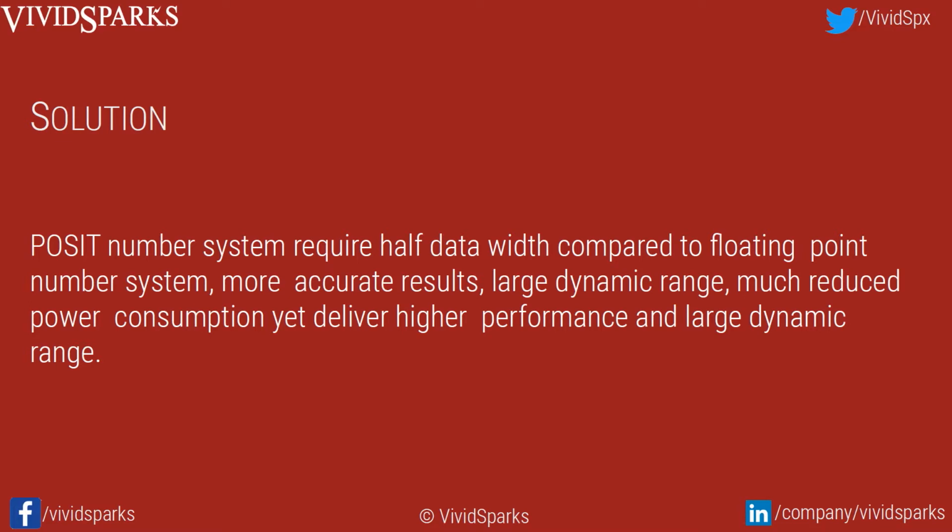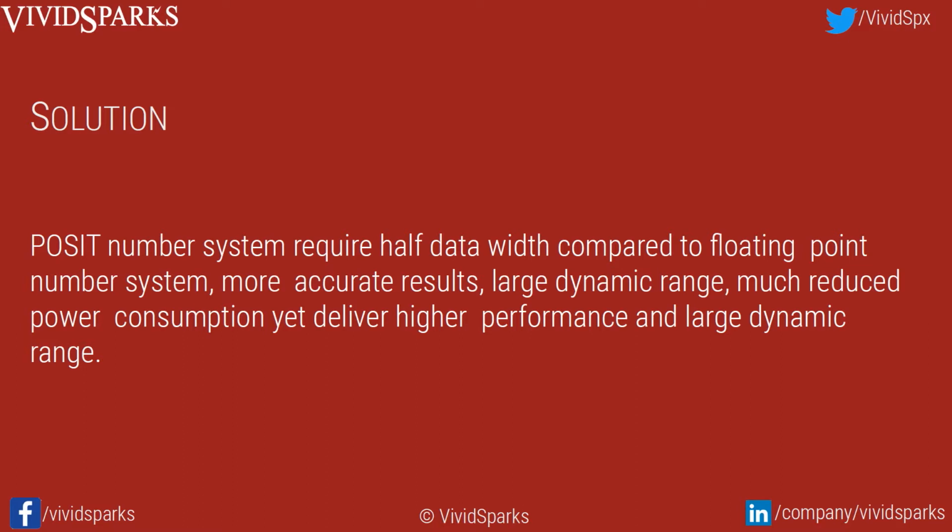Why can't we change the data width or increase the accuracy of a result, or with half the data width, the precision remains almost the same? The solution to that is the POSIT number system. The POSIT number system is an alternative to the floating point number system.